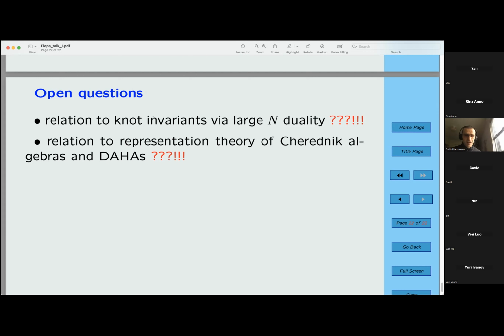So as it stands right now, I don't know how to use large N duality to derive such a relation, although there are some hints, some indications that something is going on. I just can't really figure out what. It's a bit like talking to an oracle.